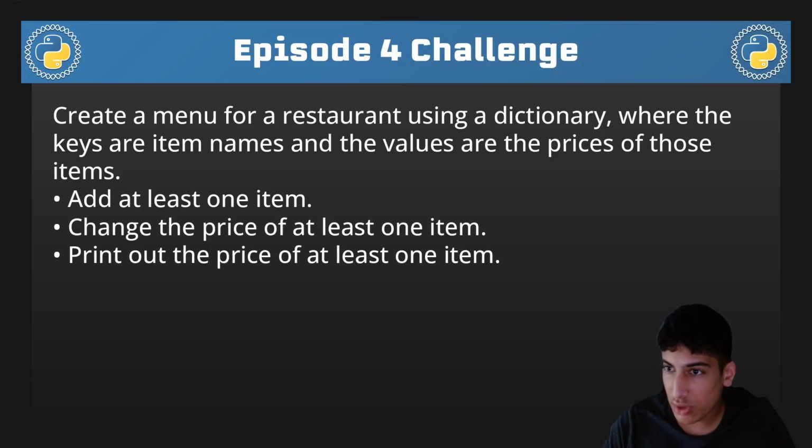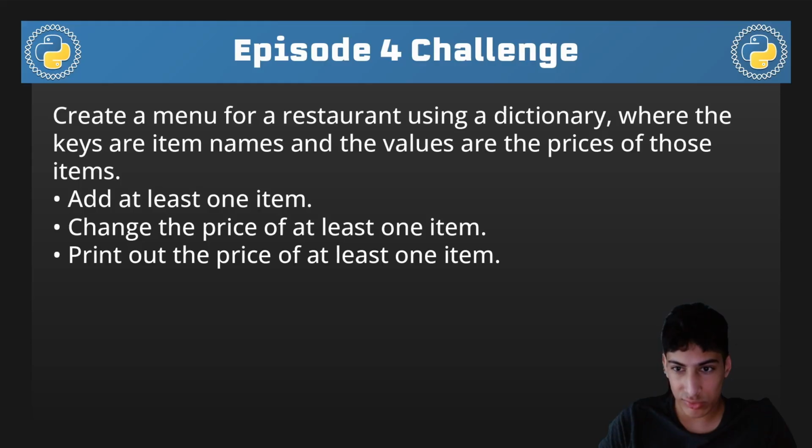So let's cap off this video with an exercise to show what we've learned. So this involves a dictionary. More specifically in this exercise, you're going to create a menu for a restaurant where the keys in the dictionary are the names of the items and the values are the prices of those items.